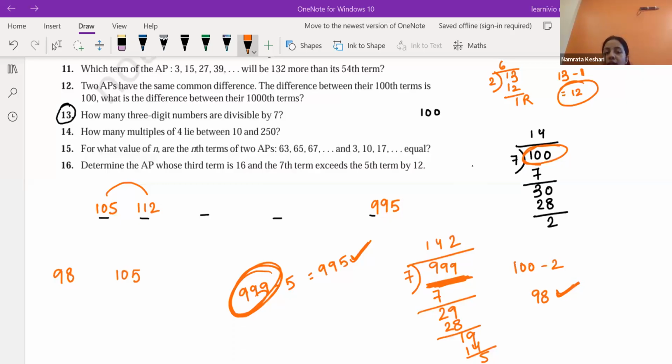Okay, so we are getting the AP over here. You have to find how many terms are there in this AP.